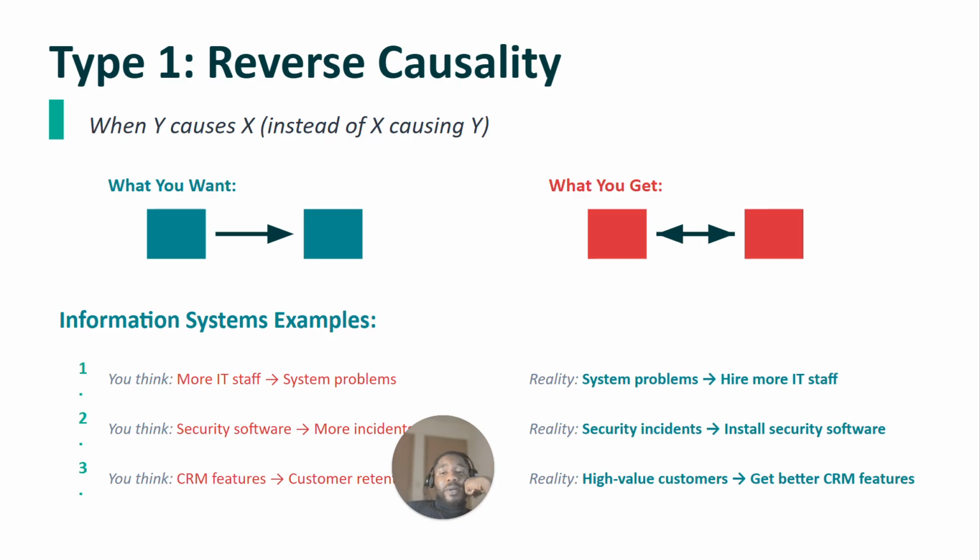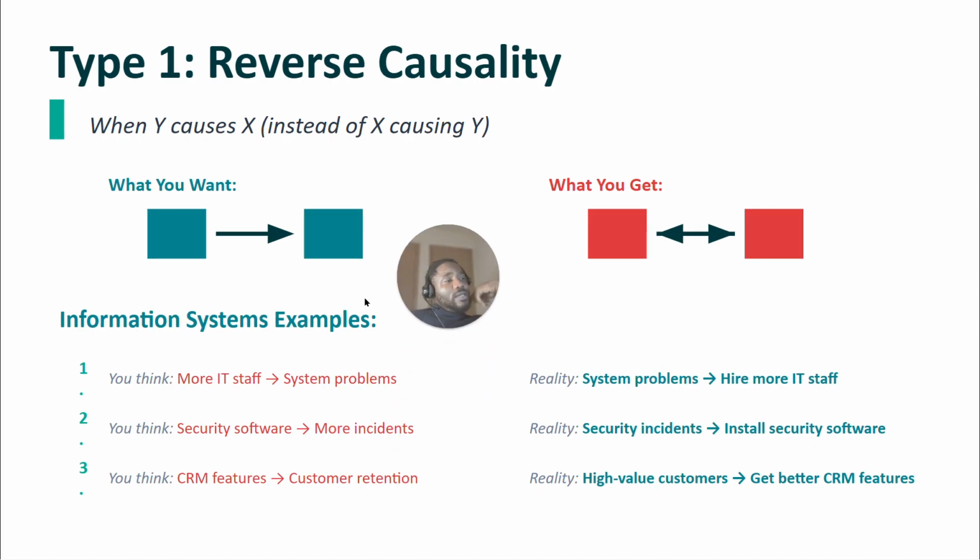So you see the pattern. In each case, Y is actually causing X. You think that the CRM feature leads to customer retention, while high value customers get the CRM feature.